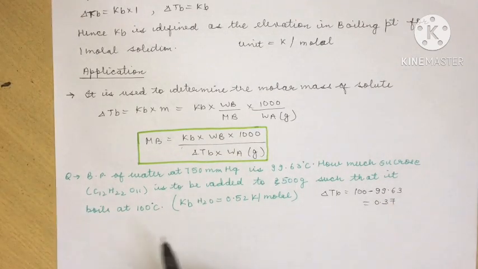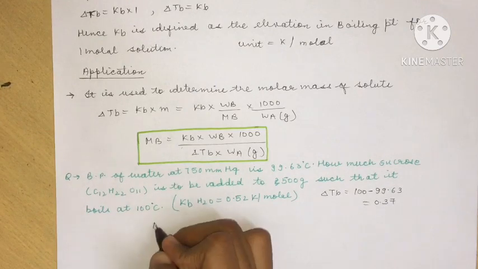Now we have Kb given. We have to find out how much sucrose is to be added, that is, we have to find the mass of sucrose.